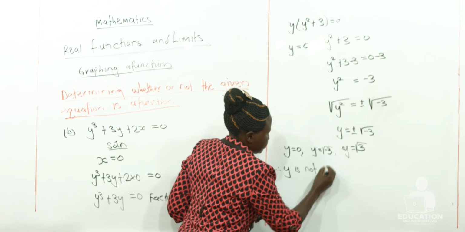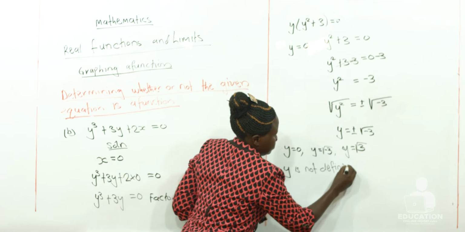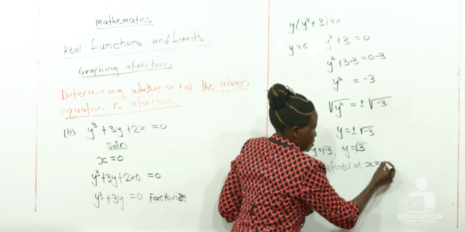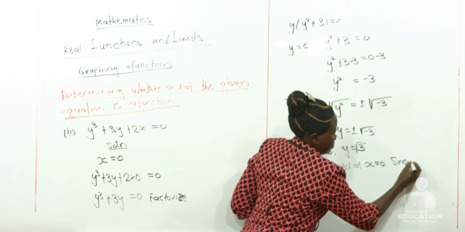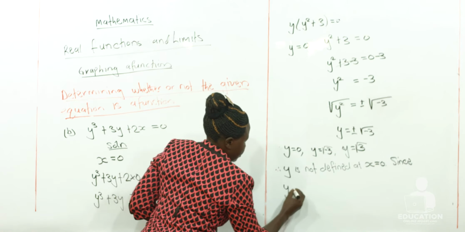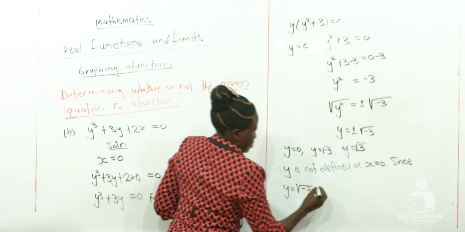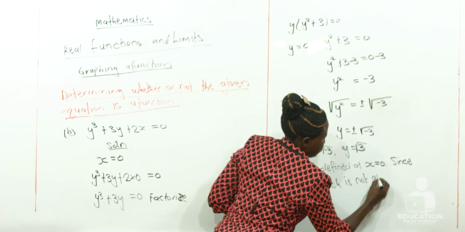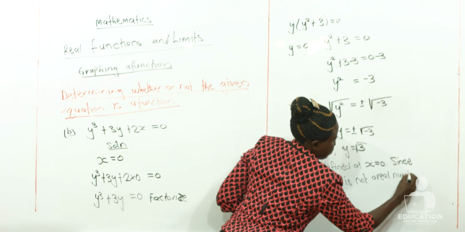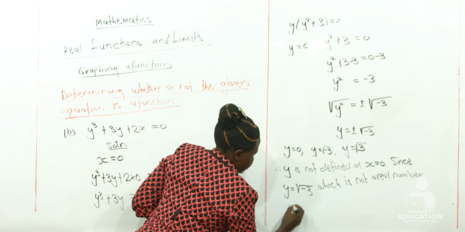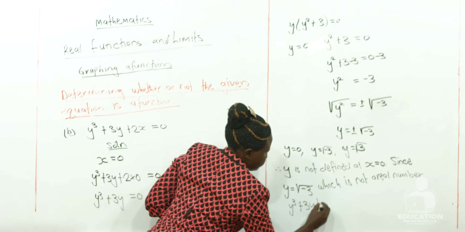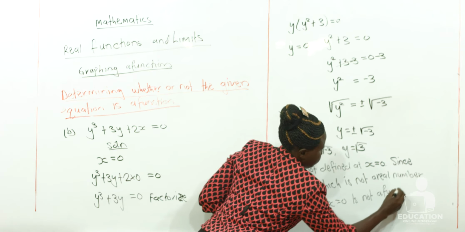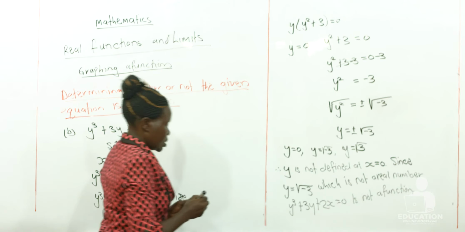So you say y is not defined at x equals to 0, since y equals to a root of negative 3, which is not a real number, y cube plus 3y plus 2x equals to 0 is not a function.